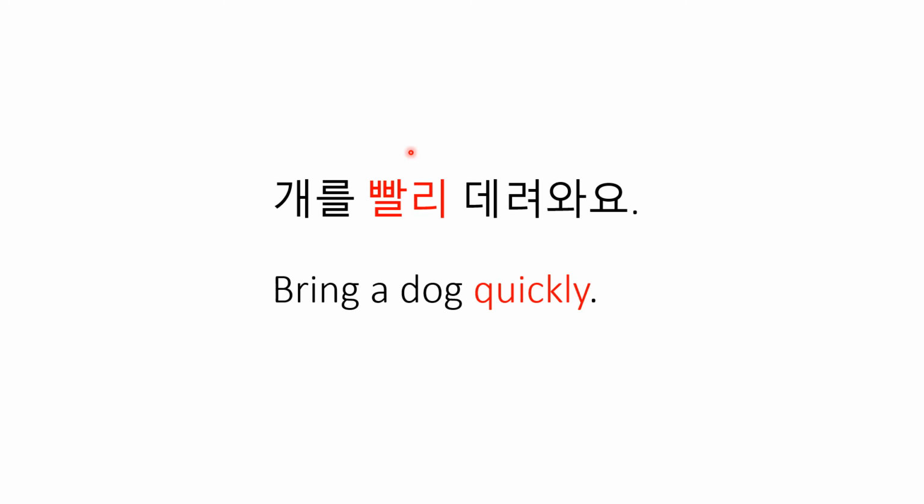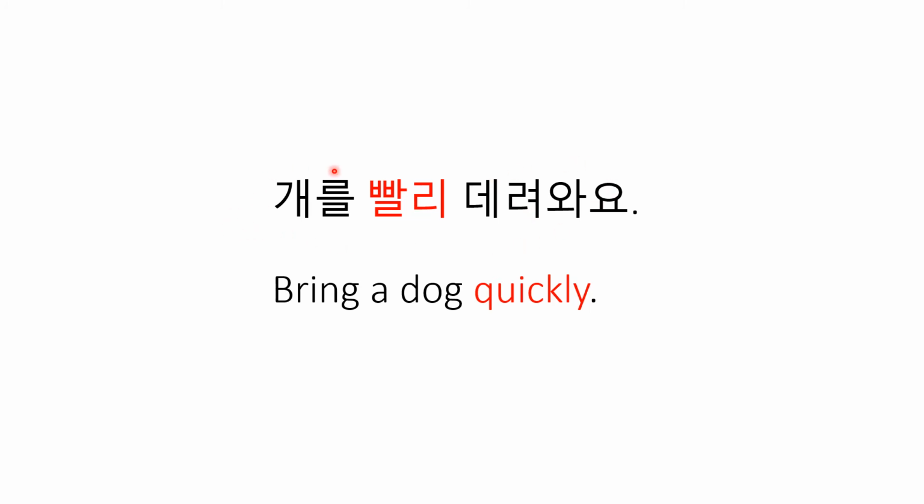Another important feature of Korean sentences is that modifiers come before a word which is modified. 개를 빨리 데려와요. 개, dog, 를, object particle, 빨리, quickly, 데려와요, bring.